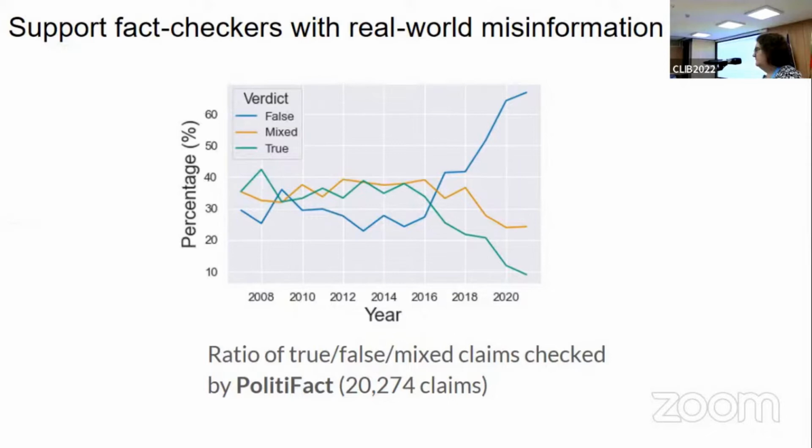That's the blue line, and it goes significantly up. So what does it mean? It means that the focus of the work that the fact checkers are doing has shifted towards false claims, right? So this is where they need a lot of support because the number of false claims is growing, and there's a lot of work involved in checking that information.